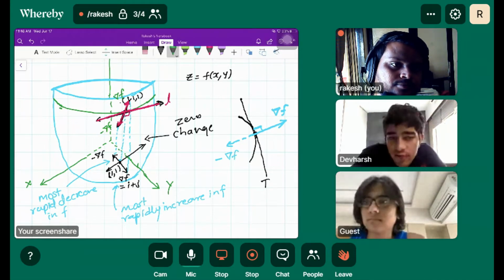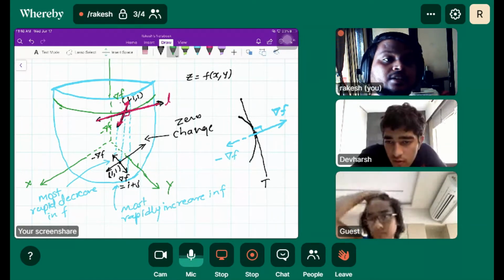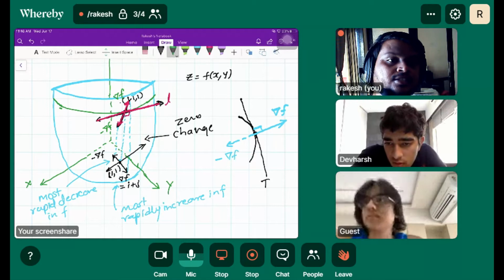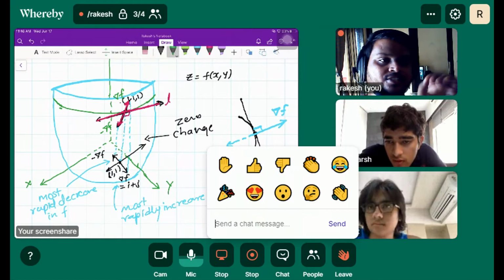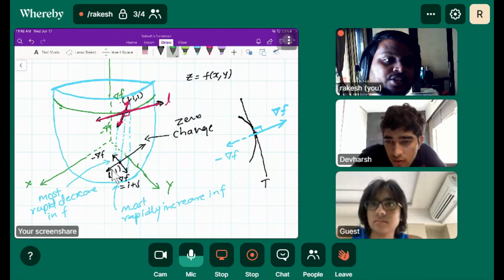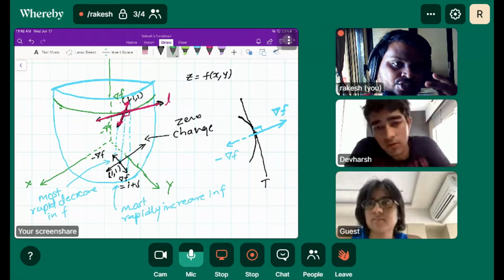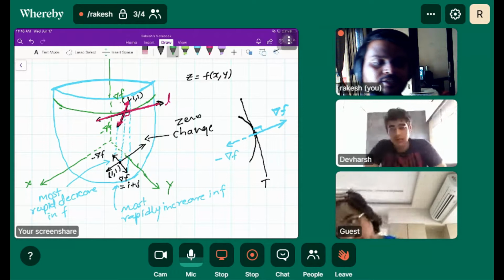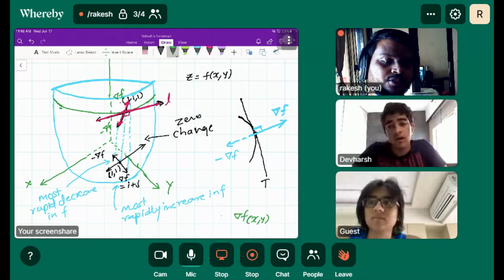I was thinking that when you said del f, you meant a change in f. No, it's a gradient vector. Change in f is a scalar quantity. Now you have messed up everything. Change in f is a scalar quantity. The gradient vector is a vector quantity. The notation is del f of x comma y, the gradient vector.